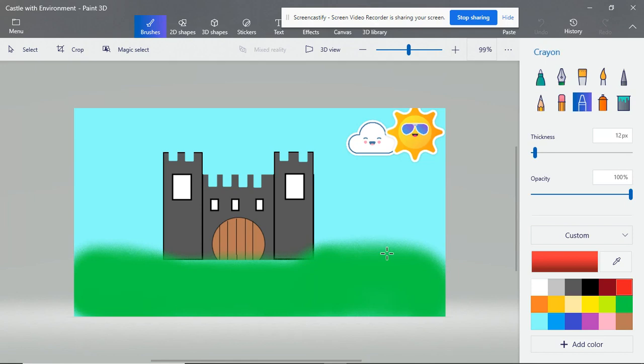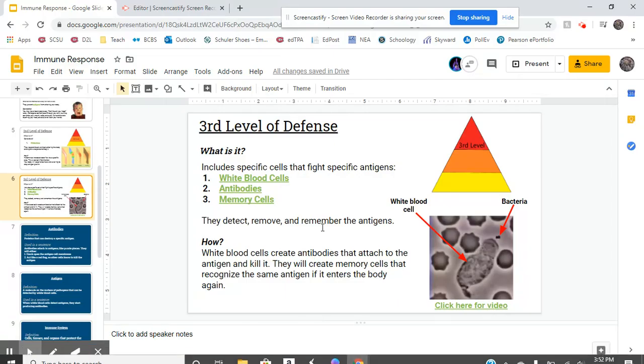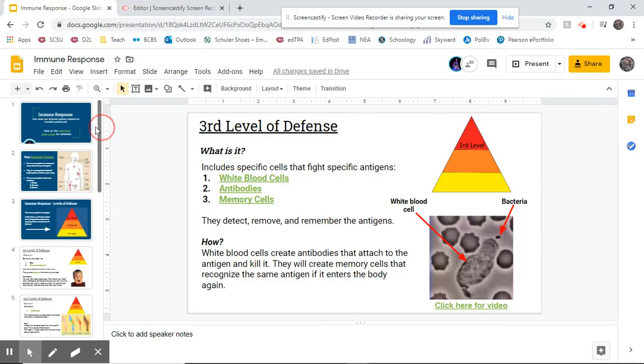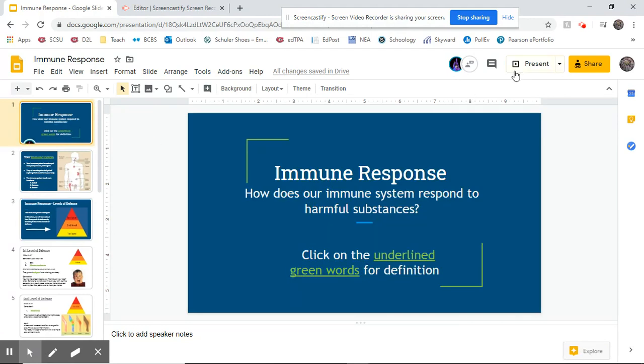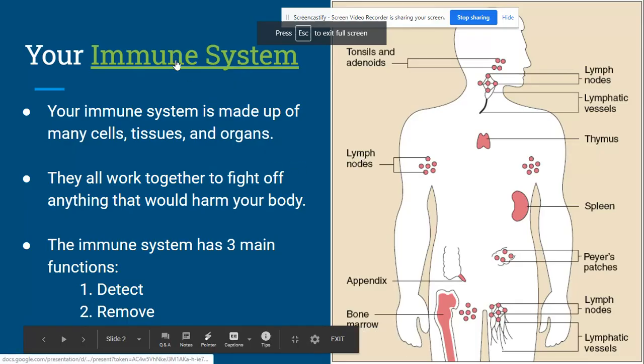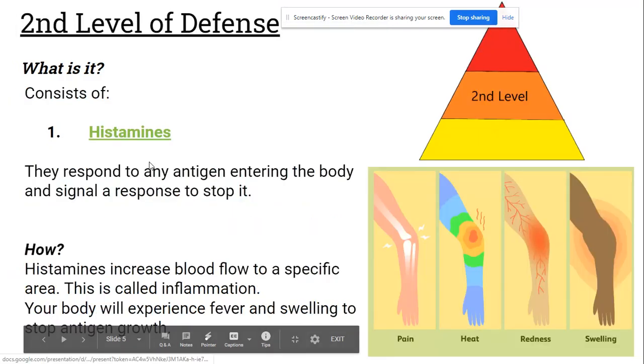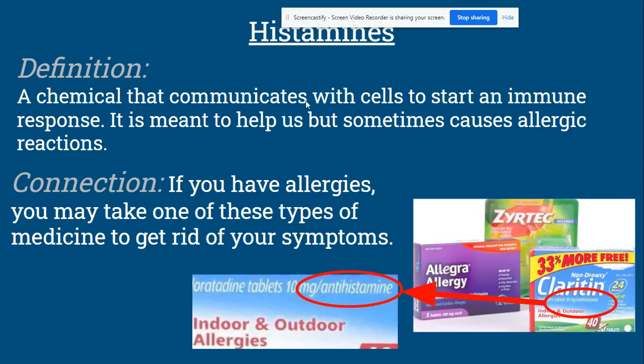It's kind of cool to just do your own thing, make your own graphic representing your immune system. And then you'll also have this PowerPoint on Schoology. Again, it's really helpful to go through and get the main idea, and then also click on the words that you need a little bit more detail on.